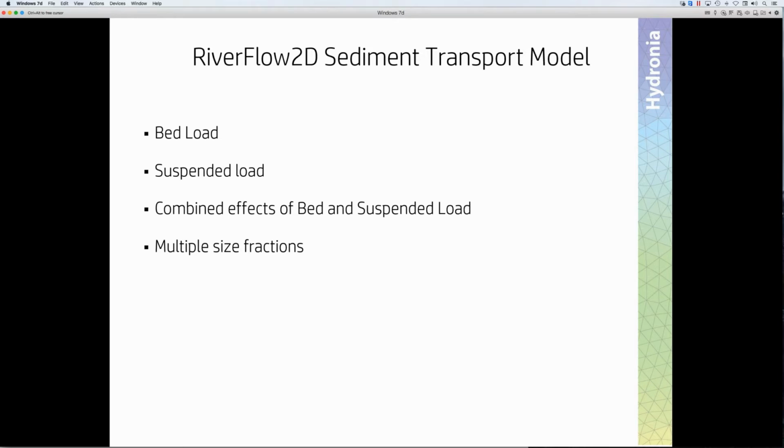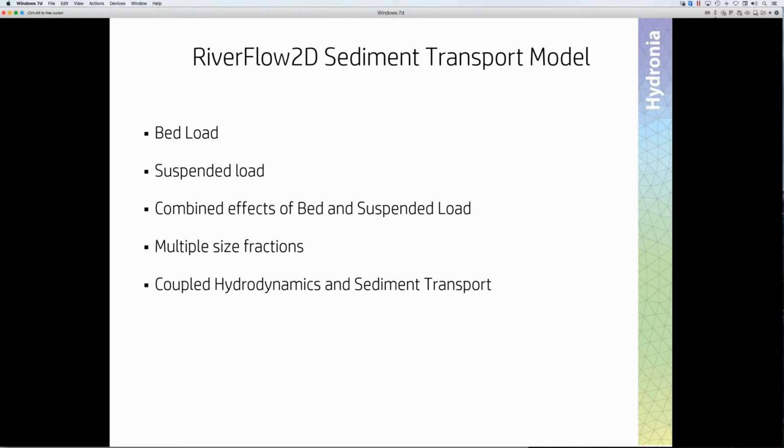You can also use multiple size fractions, both for the suspended load and the bed load. So it's not only a model that can handle a single size of the sediment, but a whole range of sizes can be accommodated.